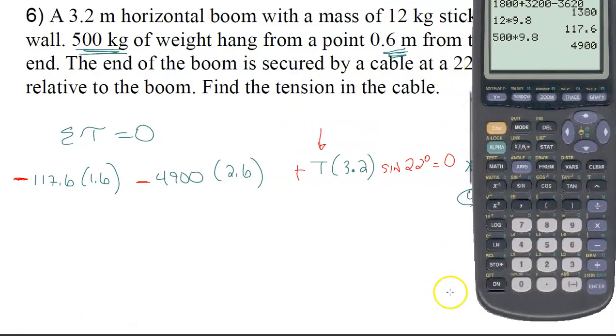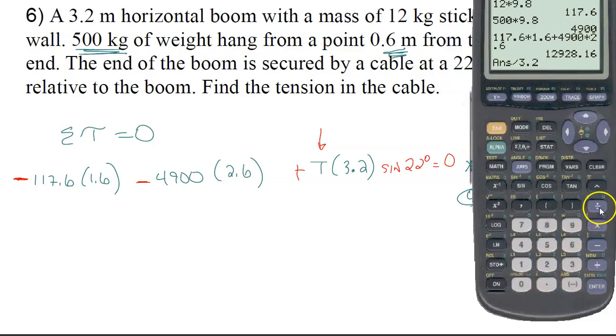I'm going to add both of these things to both sides. It's going to cancel on the left. 117.6 times 1.6 plus 4,900 times 2.6, and that's equal to that much. I need to divide by 3.2, and I also need to divide by the sine of 22, and there's the number.